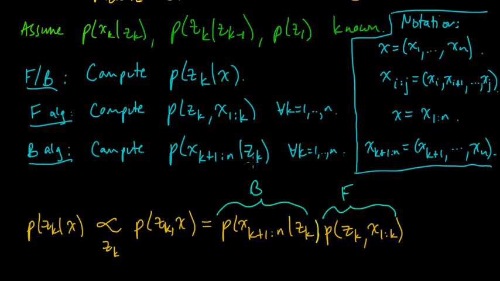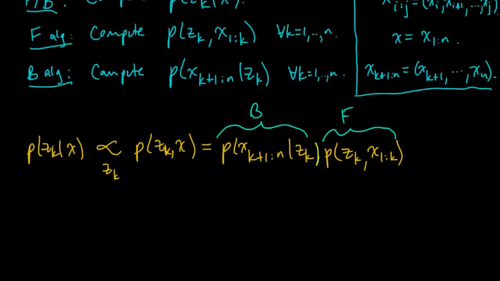So the key thing to getting this posterior distribution on the z's given the x's is doing these forward and backward steps. And once you have your hands on these guys, it turns out that you can do pretty much whatever you want, pretty much arbitrary inference.